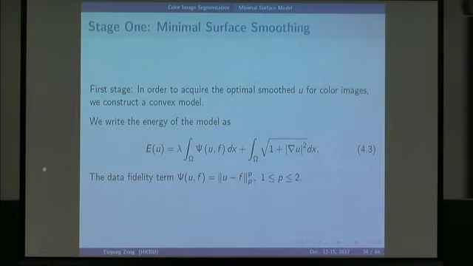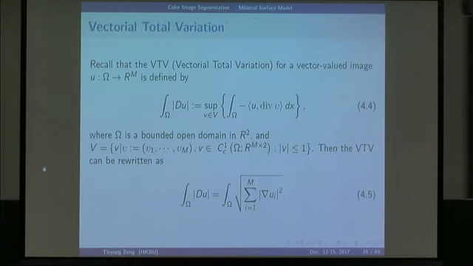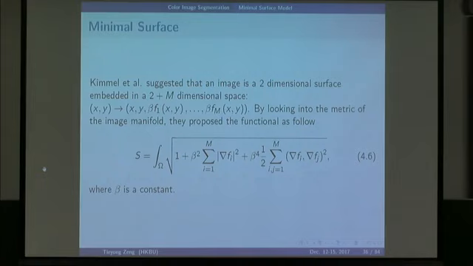It's noticed that there you have some smoothing, but the smoothing here is what we need. So we just use this model. Because we want to handle the color image, we can use the vector regularization, and then it's related to minimal surface. Basically you have some extra term here, but we don't want to handle this one. We want a simple model.